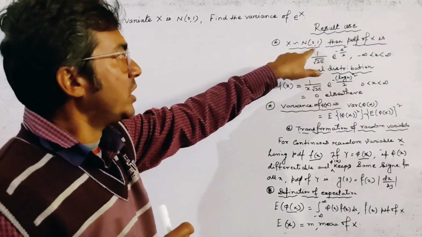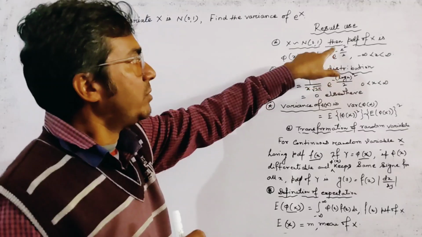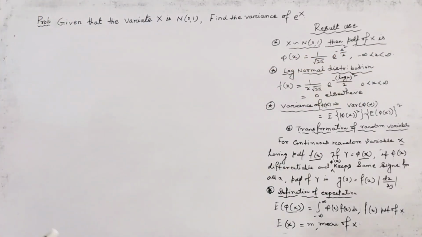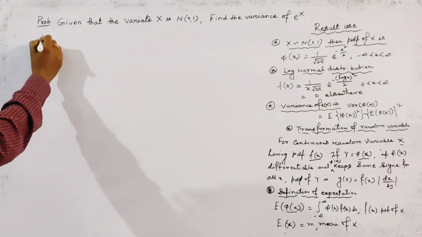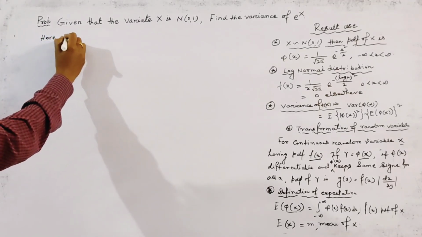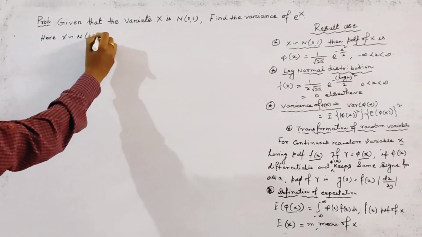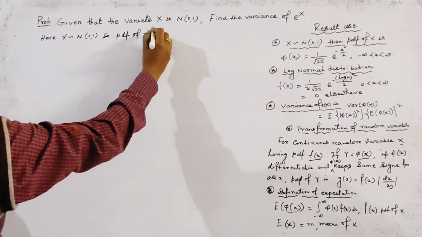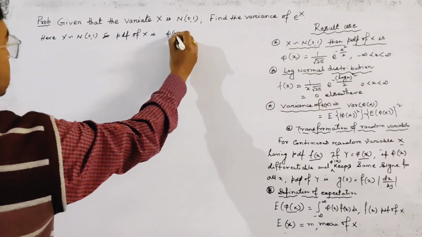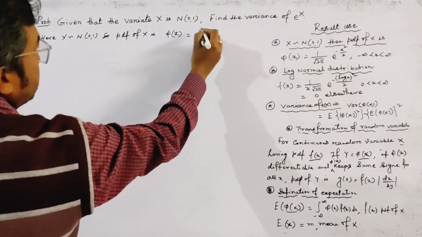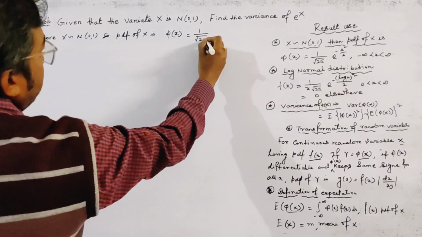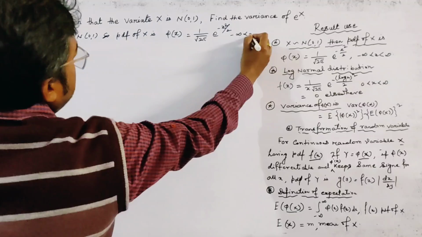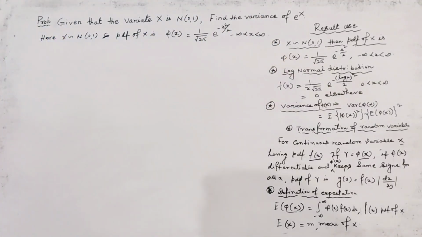Phi of x is equal to 1 by root 2 pi e to the power minus x square by 2, with the range minus infinity less than x less than infinity. So x is normal 0 1, and the PDF of x is given by phi of x, which is 1 by root 2 pi e to the power minus x square by 2. This is the PDF.